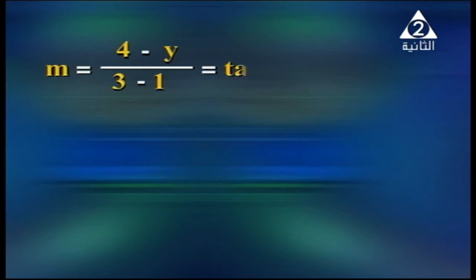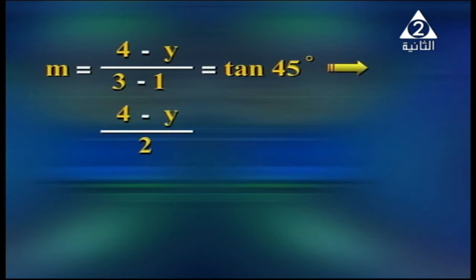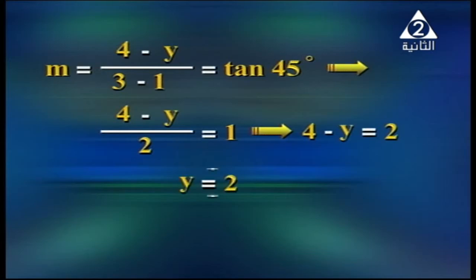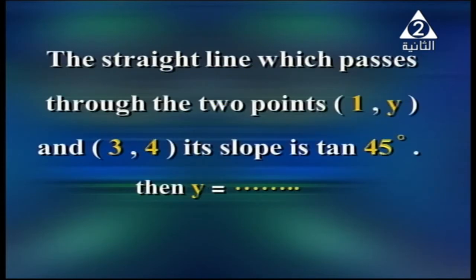So we can say that m, which is the slope, equals 4 minus y over 3 minus 1, which is equal to tan 45. Then 4 minus y over 2 equals, what about tan 45? It's 1. By making cross multiplication, we can say that 4 minus y equals 2. And in this case, we can say that y equals 2. So the value of y will be 2.